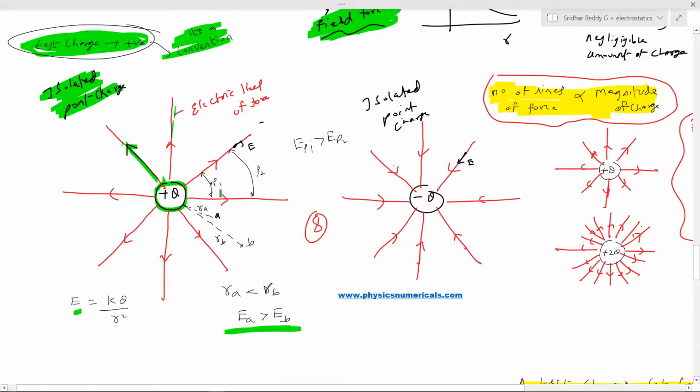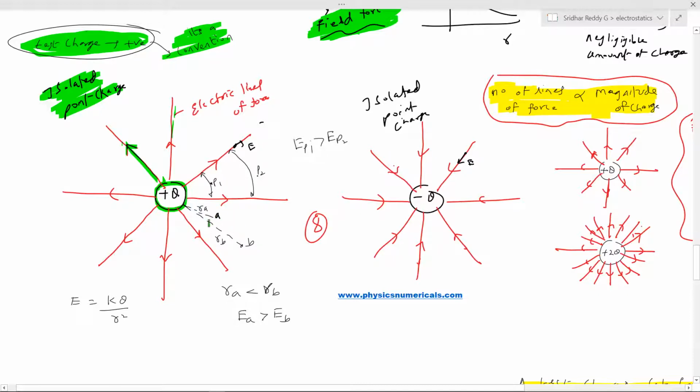Now, look at the spacing between the lines at A and at B. The spacing between the lines is more at B than at A. So what is the conclusion now?